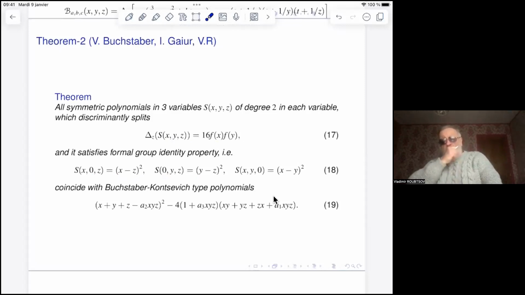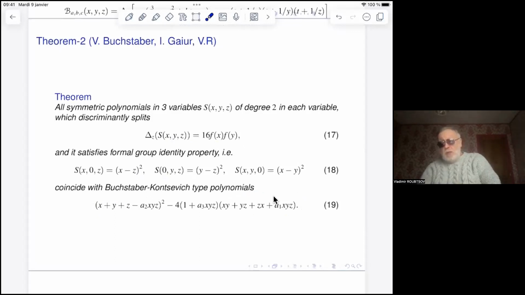Then each polynomial of this type exactly coincides with this form of Kontsevich-Buchstaber type polynomial.